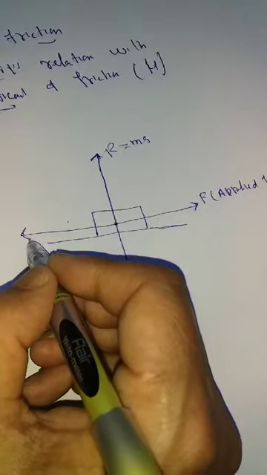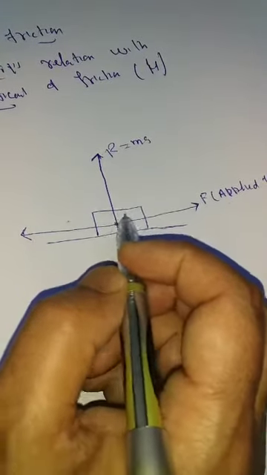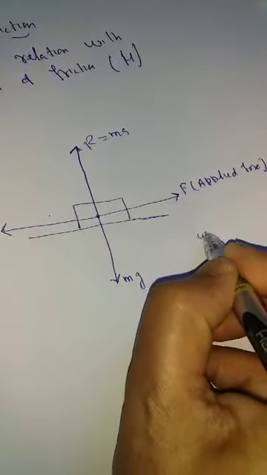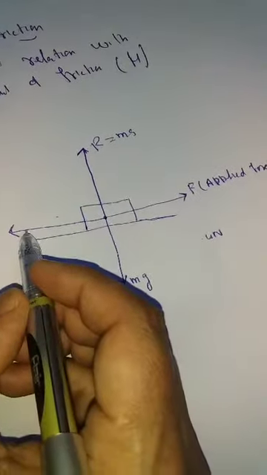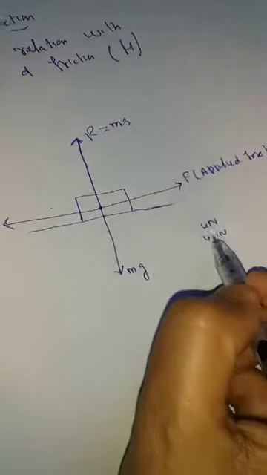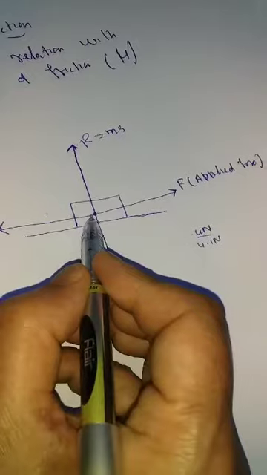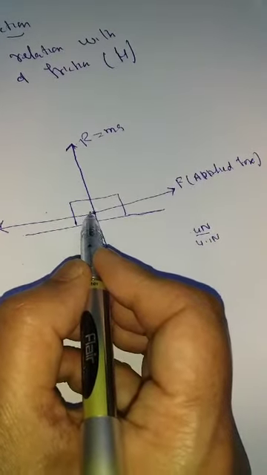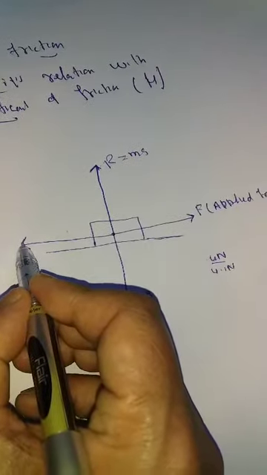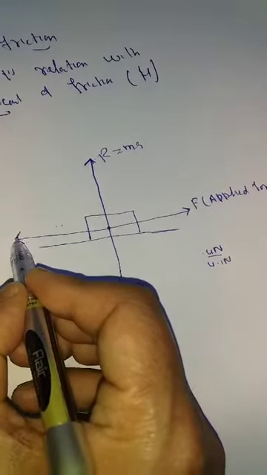That maximum value means, when the applied force crosses this value, suppose the applied force is 4 newtons, up to 4 newtons the body does not move. If I apply 4.1 newtons, the body starts moving. That means up to 4 newtons the body does not move from its place. Up to this value is called limiting friction, the maximum value of static friction.